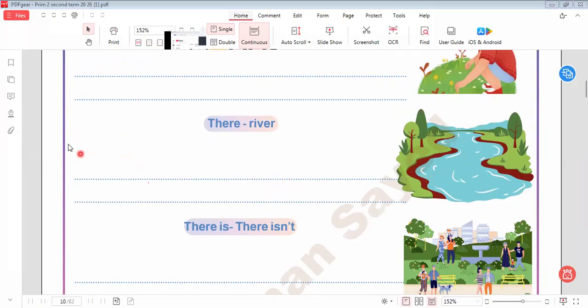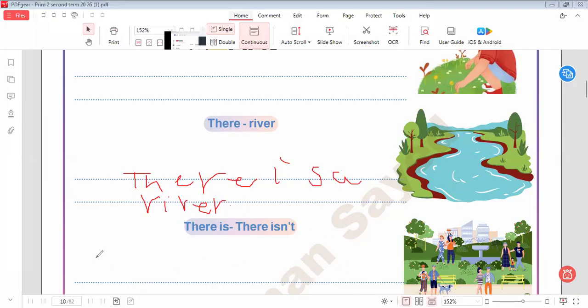So here we have there is a river. We say here there is a river. We use there is and there isn't.